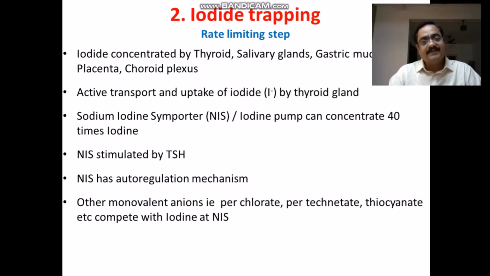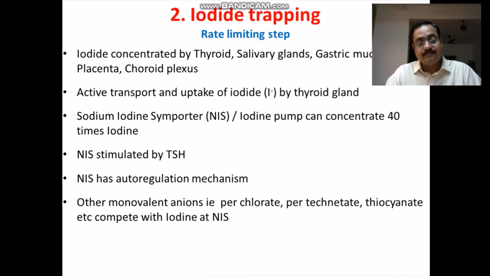Iodide trapping is the second stage in the thyroid hormone synthesis. This is a rate limiting step, and iodide is concentrated by the thyroid gland, salivary glands, gastric mucosa, placenta, and choroid plexus. Active transport and uptake of iodide by the thyroid gland takes place with the help of sodium iodide symporter, or there is an iodine pump that concentrates iodine 40 times.